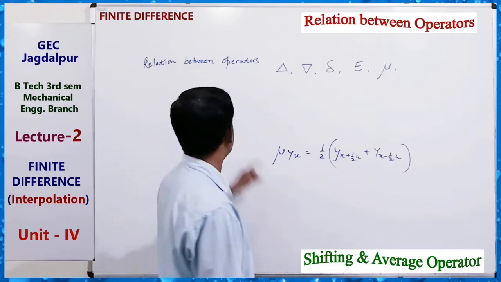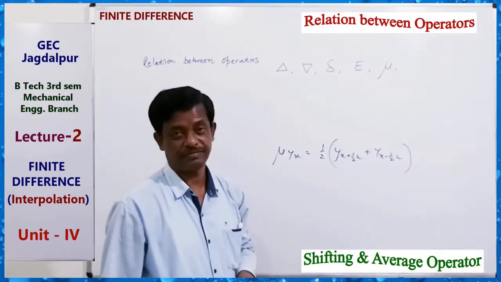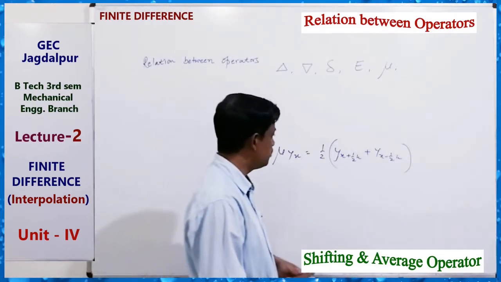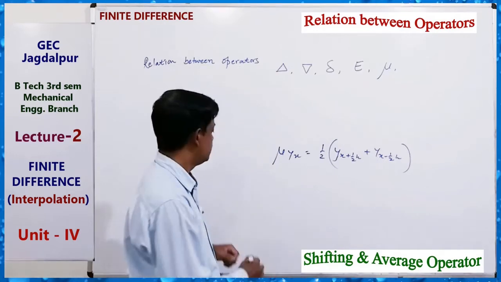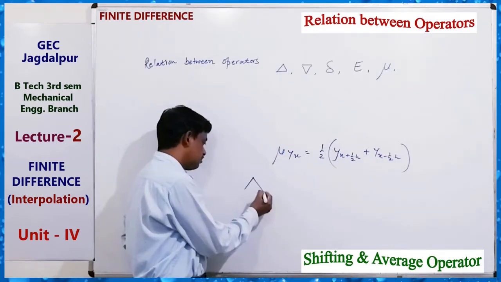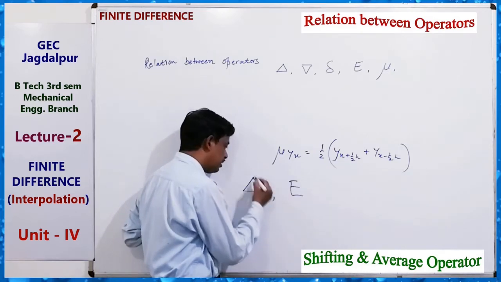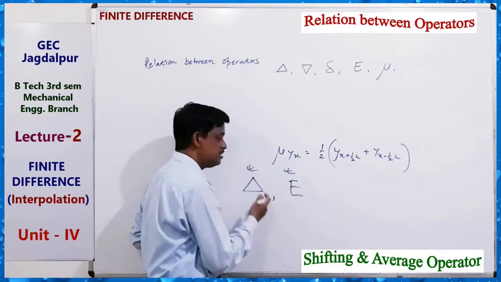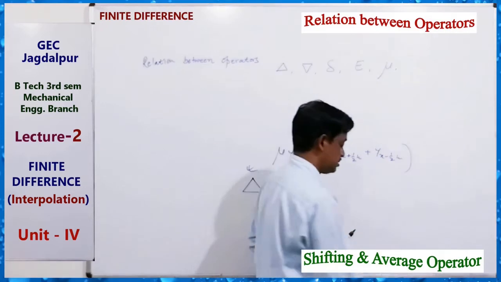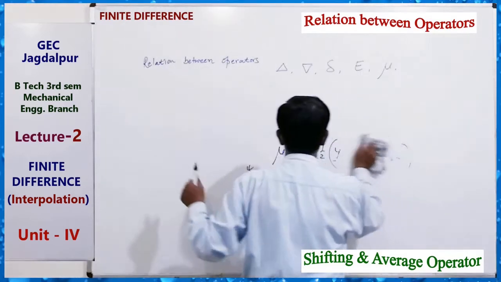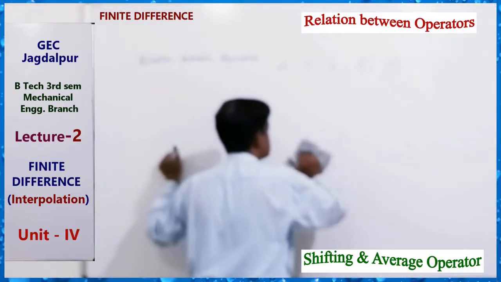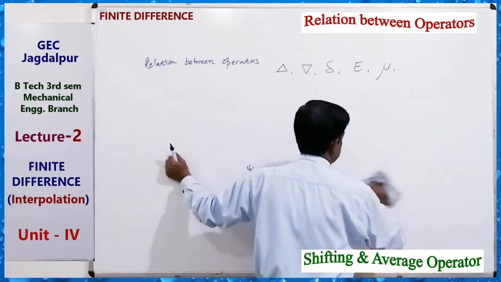Clear? Now relation between these operators is very, very important, but here forward operator and shifting operator are fundamental. These are two fundamental operators. Every operator can be expressed in terms of these.